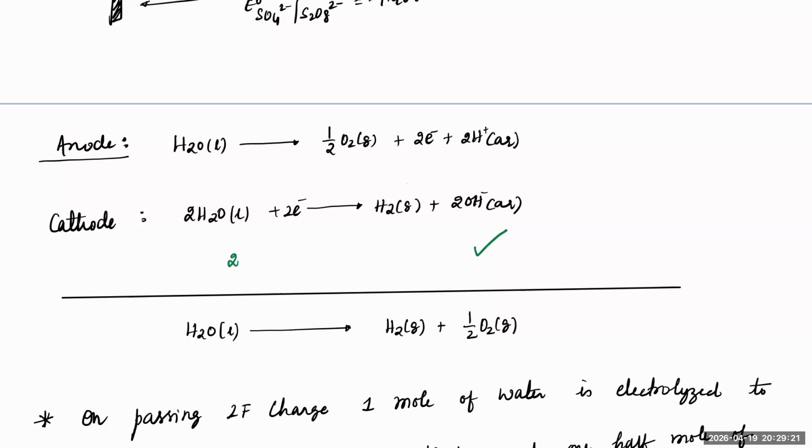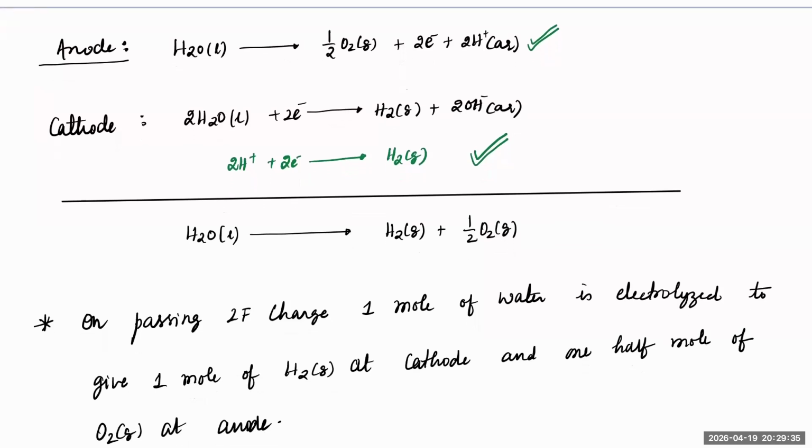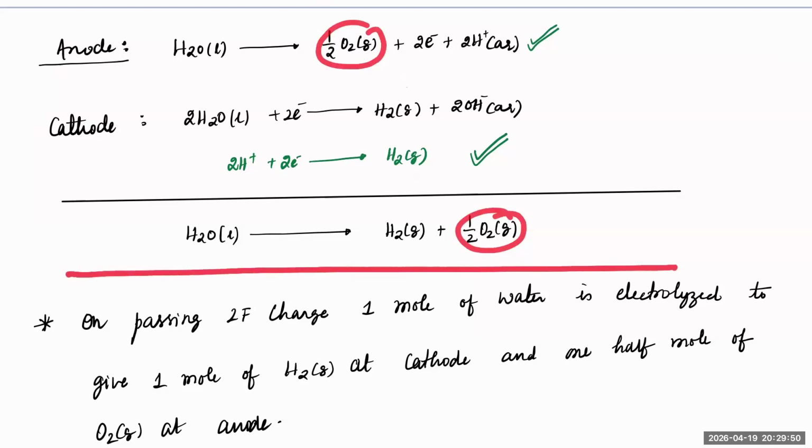See, this is 2H plus 2 electrons giving H2 gas. So this would be more competing. This will be the overall reaction at anode. So you can see these two reactions will make the overall reaction water itself. The 2H plus will get cancelled. Water itself is giving H2 and half of O2. This is the overall equation, correct?